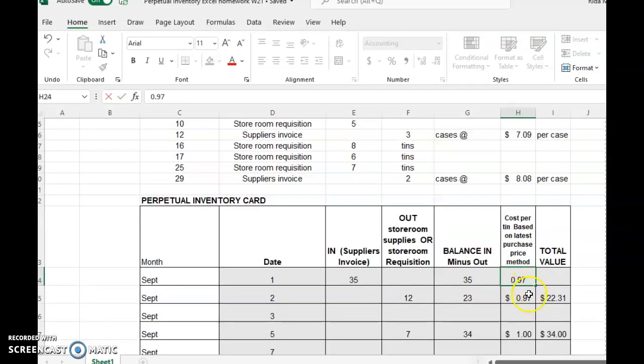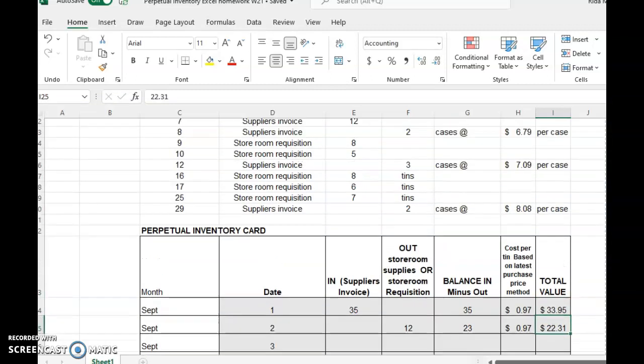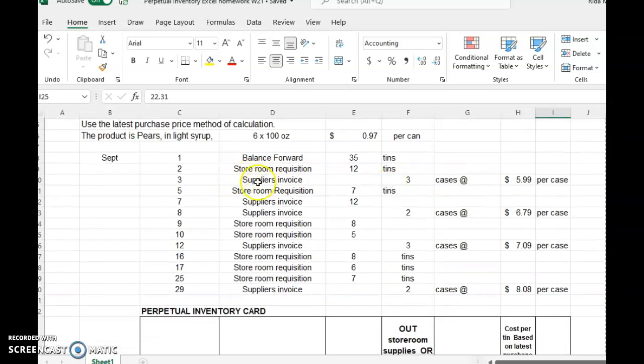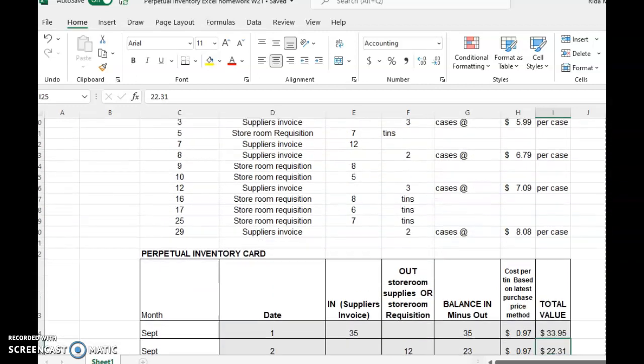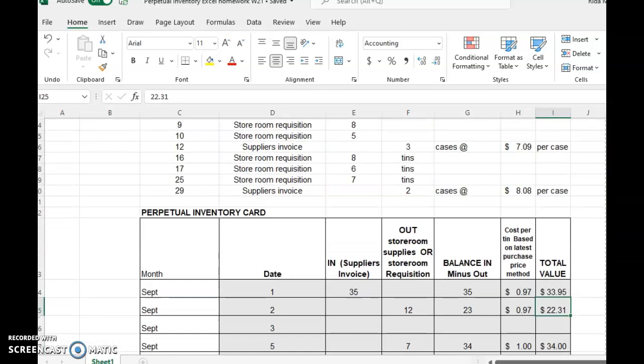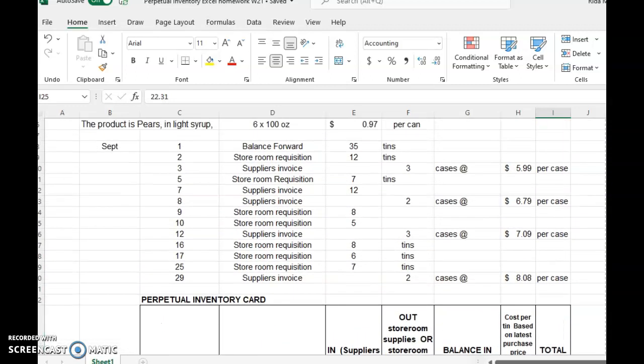To find the total value, we take 97 times 35, which gives us 33.95 as our total value. Okay, so let's move on to the next one. We have September 2 done for us, so let's do September 3.